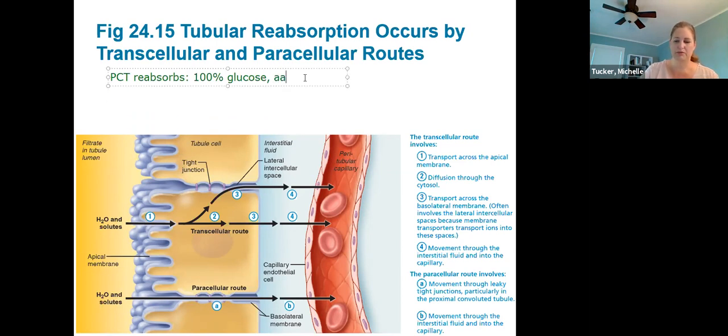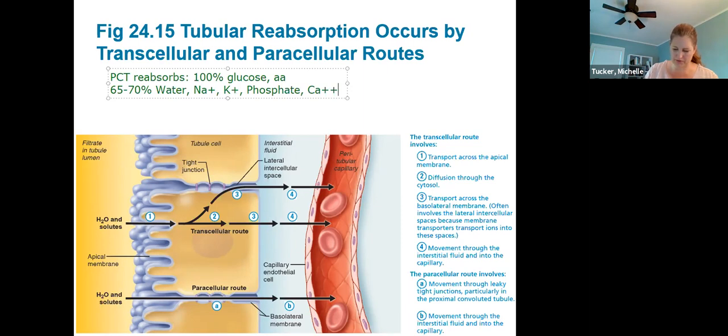It is going to reabsorb 65 to 70% of water and salt. Also potassium, phosphate, and calcium.